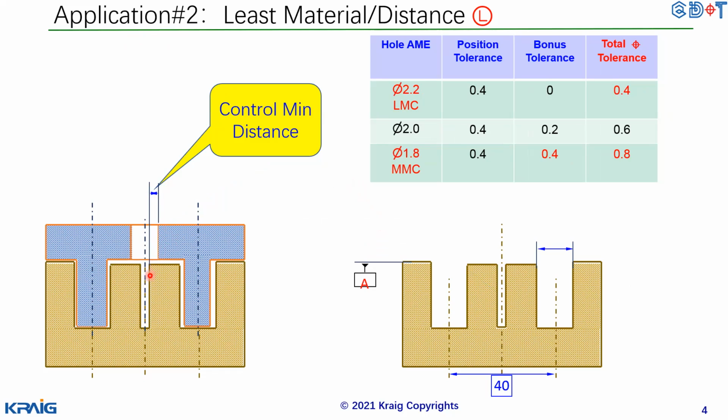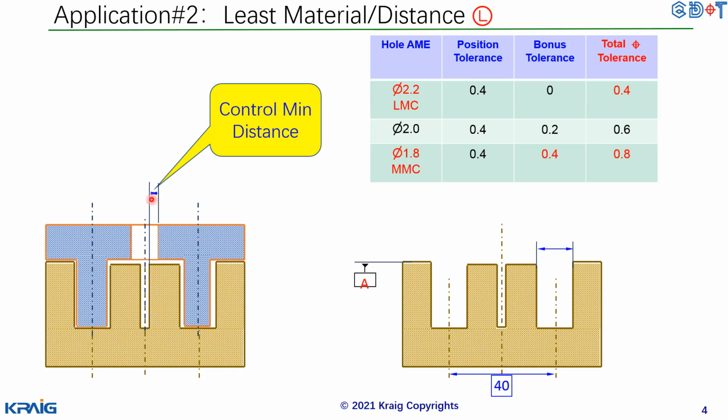From this edge to this edge, we should guarantee there's a minimum distance, so that looking from top down, at least we can see some material here. In other words, the distance between this edge and this edge should be controlled, the minimum distance.